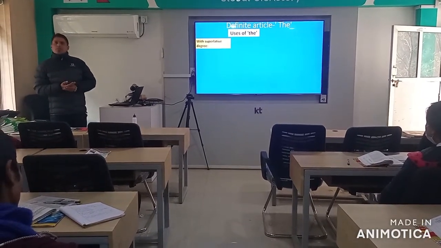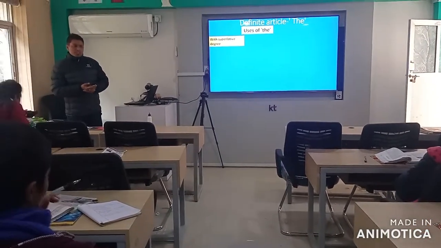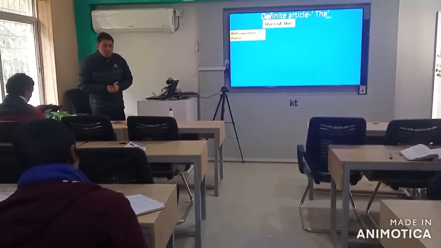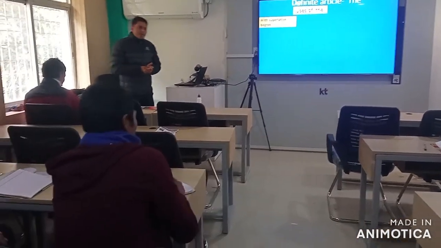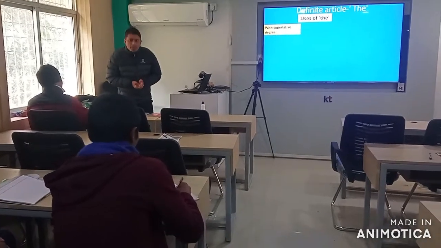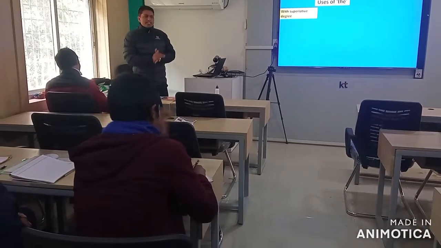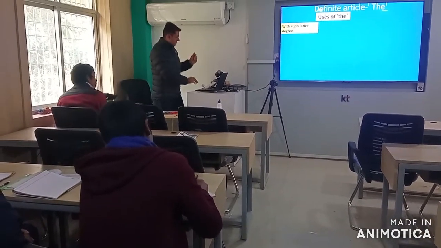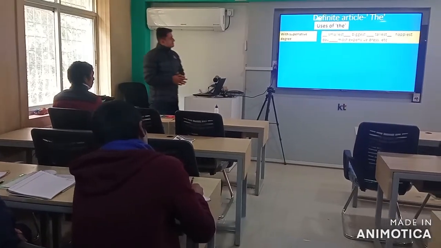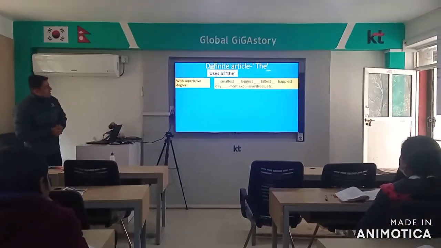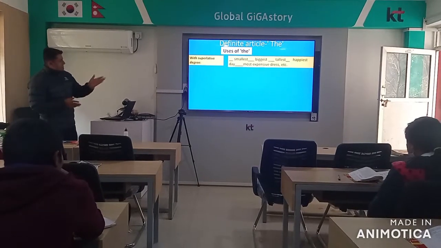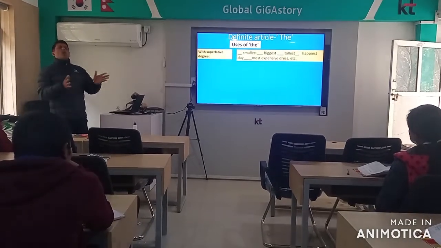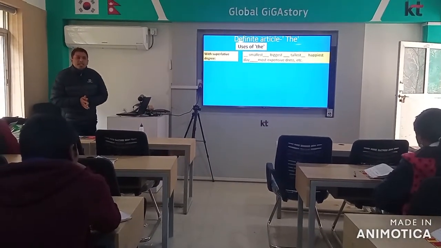You must have a concept of the superlative degree as well. Can you tell me, John? Tall, taller, tallest. Tall is positive, taller is comparative, and tallest is the superlative form. Before the superlative, we have to use the. Smallest, biggest, tallest, happiest, the most expensive: they all are examples of the superlative degree.